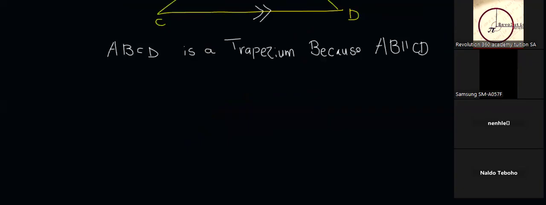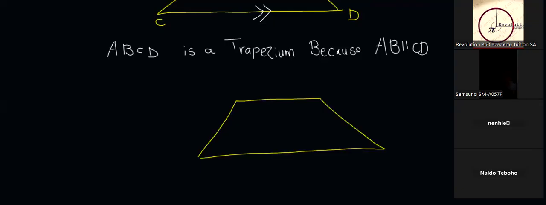Then if you're having something like this, with regards to this again, let's say it's PQRS. Since it's a trapezium, we know that we're gonna have parallel lines here.